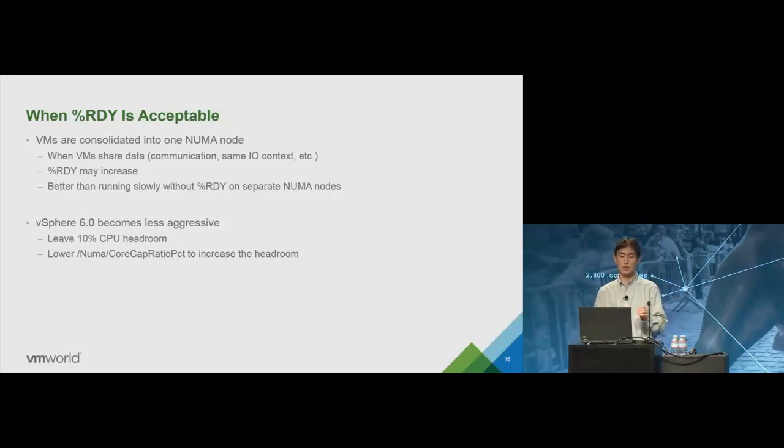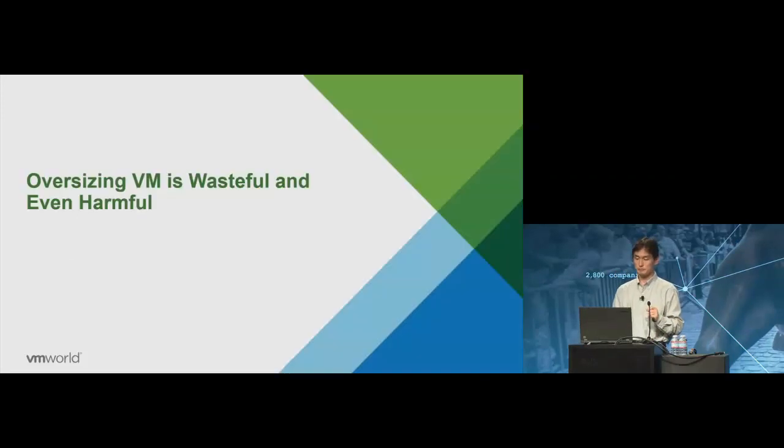So I hope that change helps remove customer concerns. If you don't like the policy, I used to have an option to completely disable it, but I like this option better because it gives you control over how much CPU headroom you want to leave. So something you may want to look at.